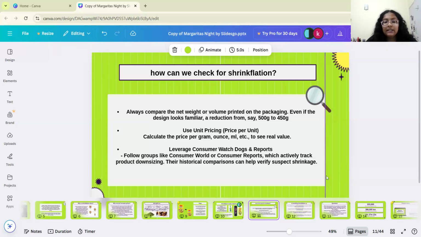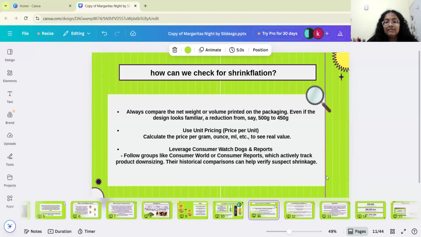So shrinkflation is pretty common, as I said, but there are actually ways we can check for it. When you're buying a product, it says it's 200 grams, then you can actually go weigh it and see if it actually weighs 200 grams. Often, companies put on the label that it is, say, 2 rupees per gram.